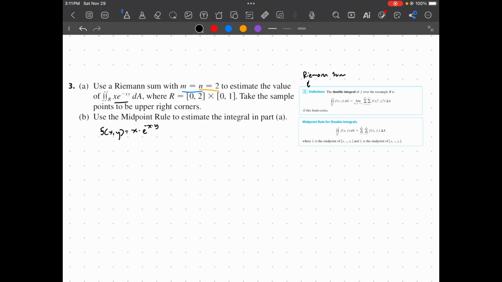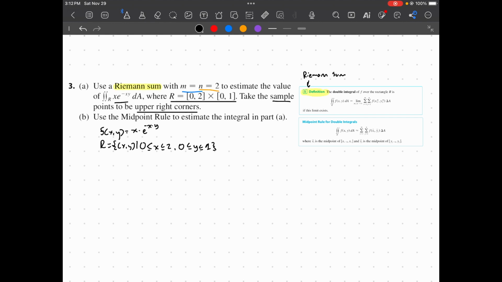And R is represented by these coordinates, which we can rewrite into interval notation to show that x is bounded by 0 and 2, and y is bounded by 0 and 1. And our sample points are the upper right corners.